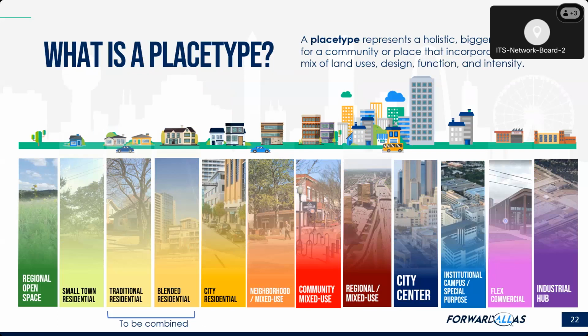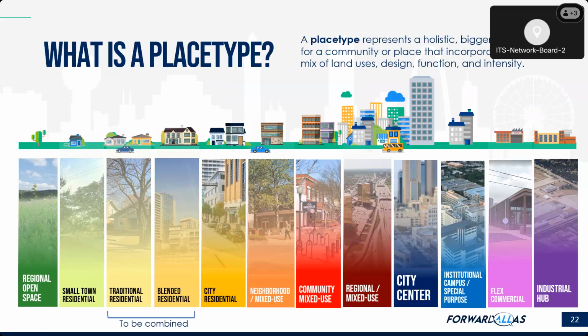So the idea of combining those is to make sure that everyone in the city, whether you're in a more traditional suburban single family neighborhood or a more blended mixed neighborhood, is able to incorporate housing, which is another one of the things that we're looking for within Forward Dallas.